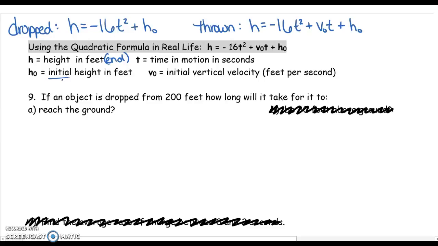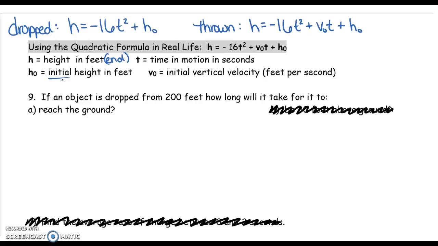So if you drop the ball from a height of 200 feet, 200 would be your h naught, your h sub 0. V naught, v sub 0 is the initial velocity in feet per second. That'd be if you were throwing or launching an object, or even if you were throwing an object downward, it's the velocity that you are imposing upon that object prior to releasing it. And t is the time that the object is in motion in seconds.